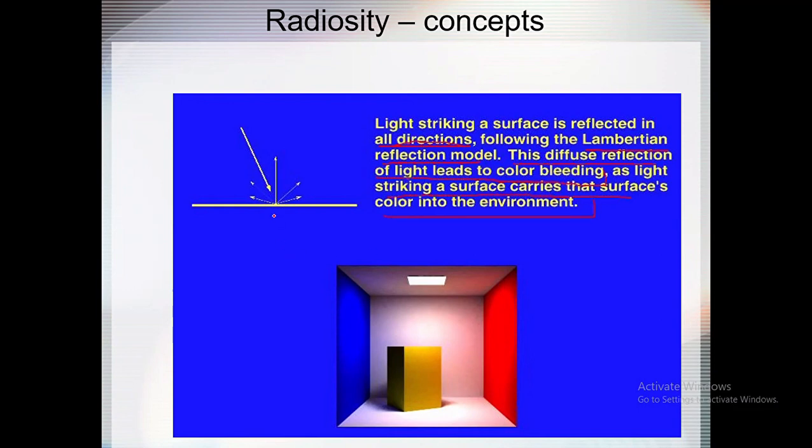That means it bleeds. Lambert said that since light is energy, whenever it hits any surface, there should be some bleeding. That means that surface component should come out with that light components with some of its color.